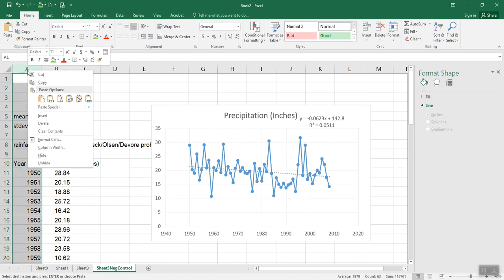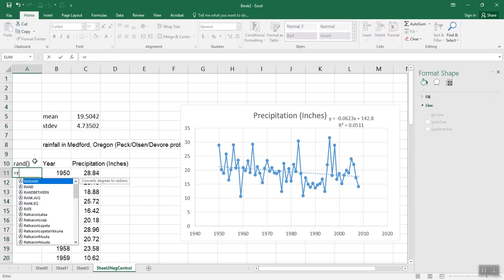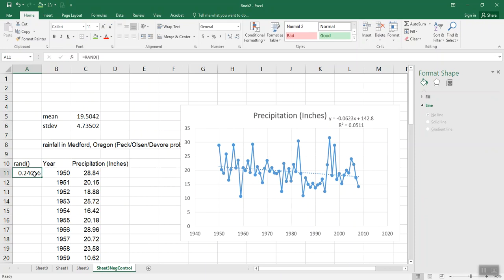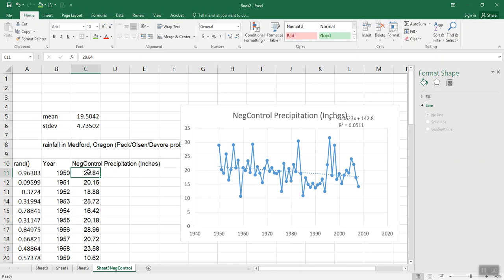I'm going to need some random numbers, and I don't want to embed them in my formula here, so I'll make a column over here. It's good to retitle this, showing that it's not real data.